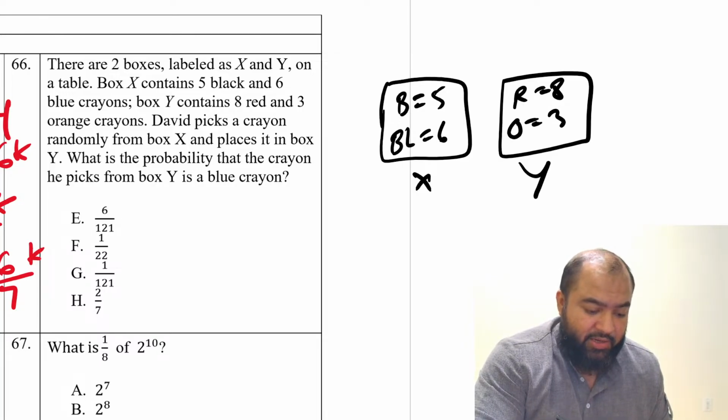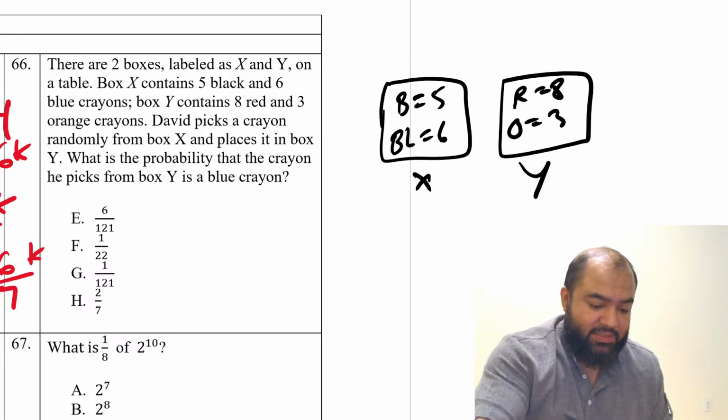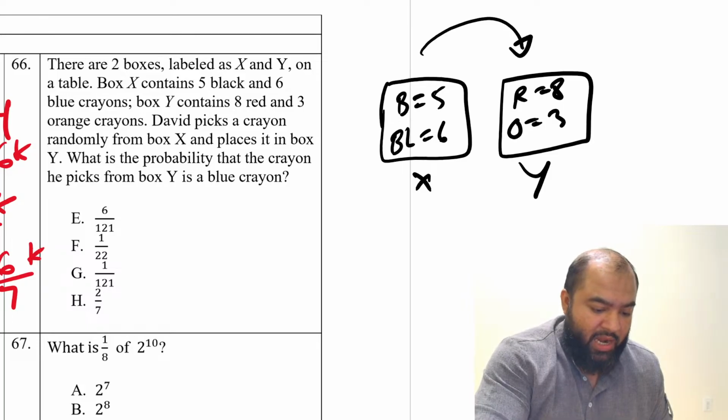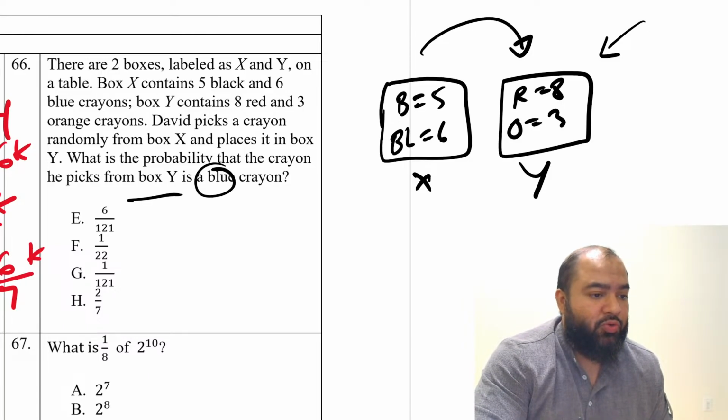David picks a crayon randomly from box X and places it in box Y. What is the probability that the crayon he picks from box Y, then he's going to pick another from box Y, is blue?